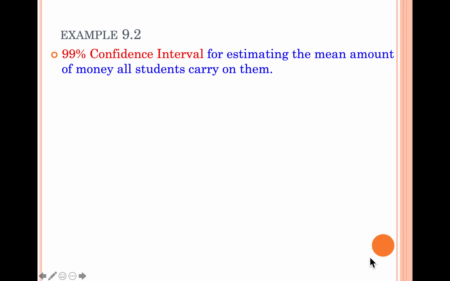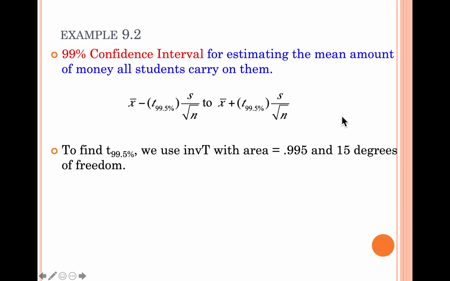Okay, so to build a 99% confidence interval, you only need to change the t-score. So you go to INVT on your calculator, but this time the area that you're going to be using is 0.995 with 15 degrees of freedom, because you're changing your t-score: you change the confidence interval, you change the t-score.